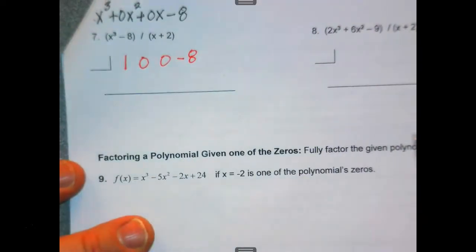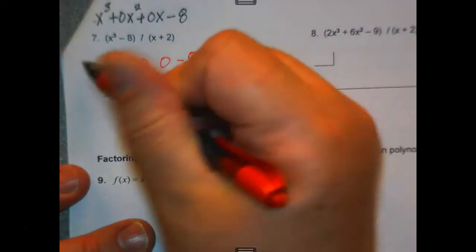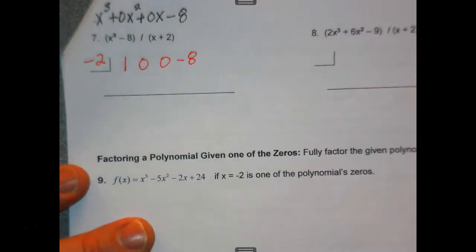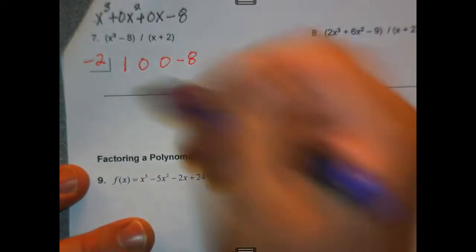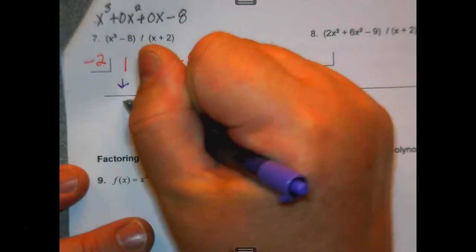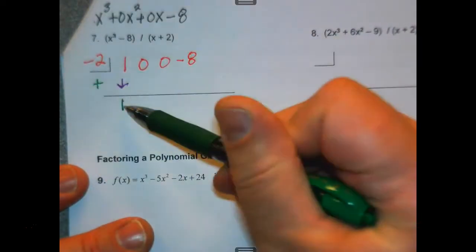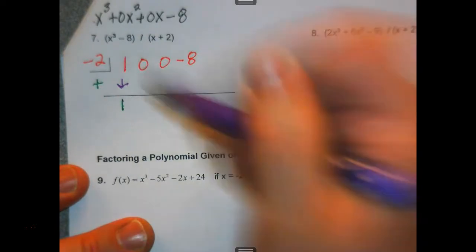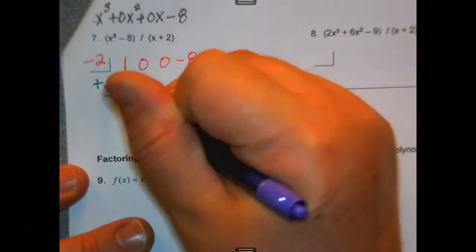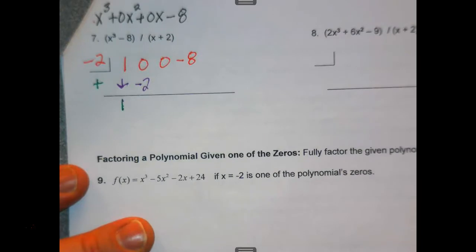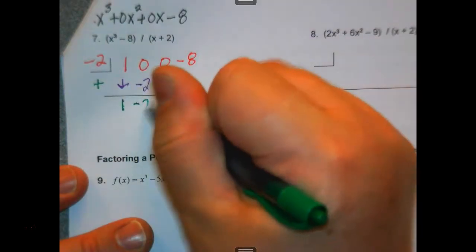Okay, are you ready, kids? Okay, 1 times negative 2. Negative 2 plus 0, negative 2.